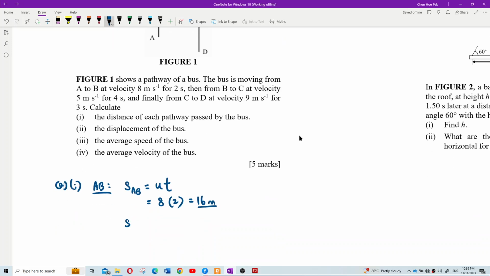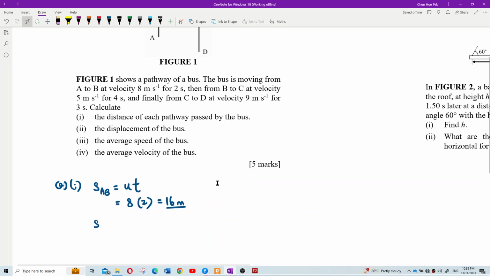Then S, this one no need, straight away like this. Simplify my work. So BC is equal to, because distance, no need direction. Scalar quantity, no direction. You don't need to say go upward, downward, to the left, to the right. Distance means just magnitude. Magnitude only.